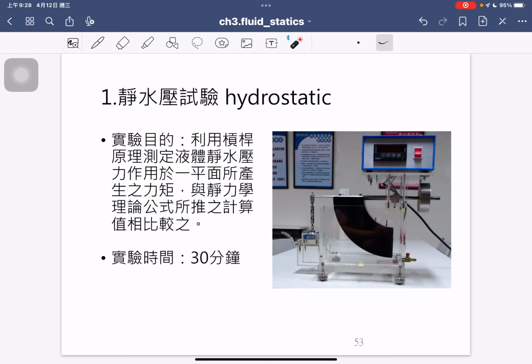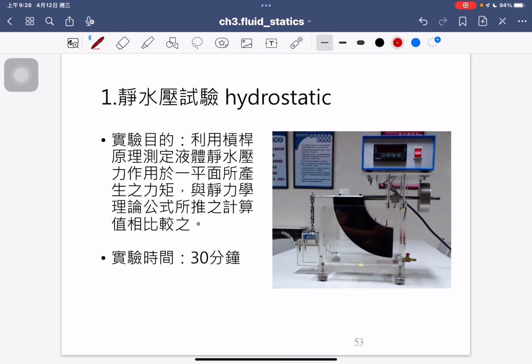In our class, if there is some material associated with the laboratory experiments in the next semester, I will highlight it on the PPT. So this is one of the laboratory experiments you will attend in the class next semester. This experiment we call the hydrostatic experiment, and the figure showing here is our device.